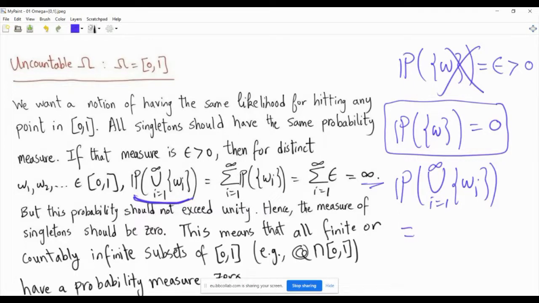You sum 0 plus 0 plus 0 and so on, and you will get 0. So automatically, when you assign to each singleton the probability 0, any finite or countably infinite subset of the closed interval 0 to 1 will get the probability measure 0.